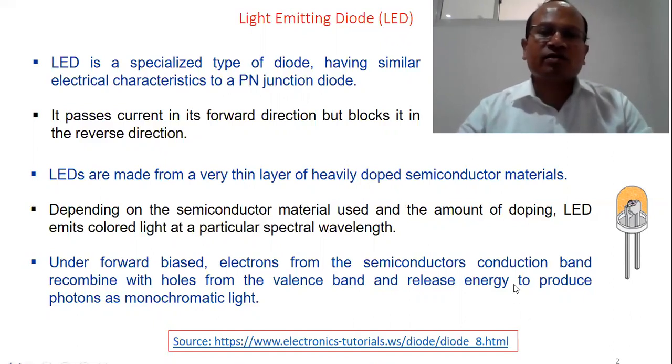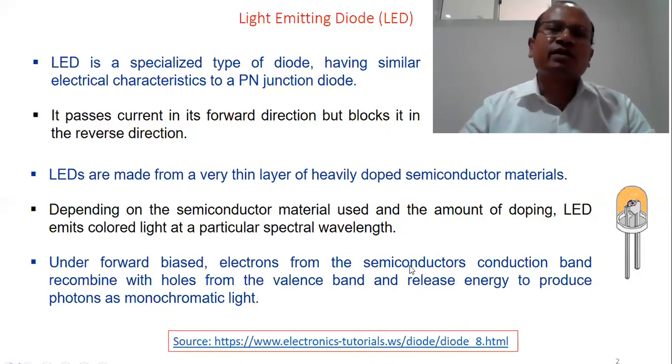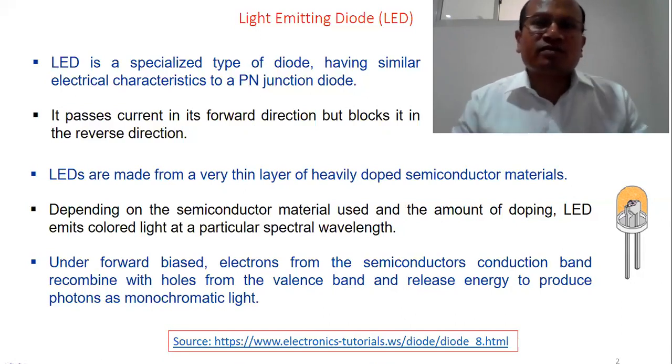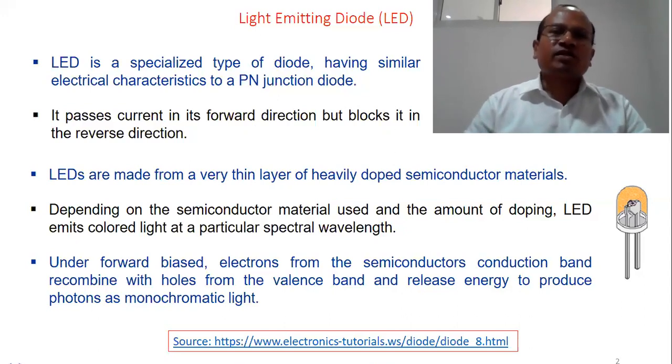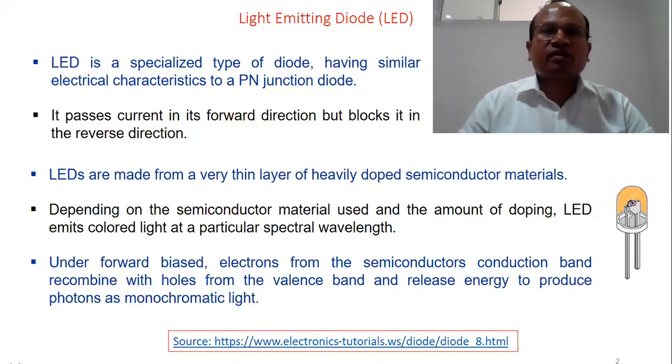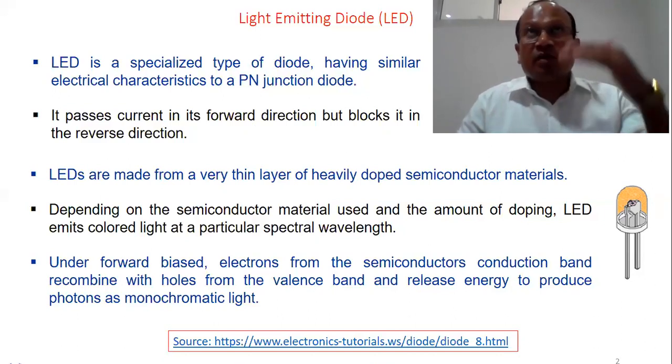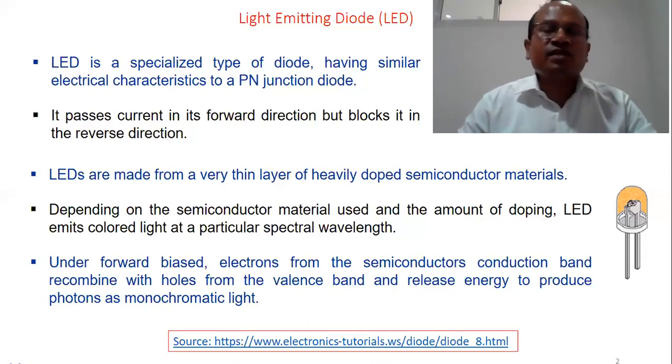Under forward bias, electrons from the semiconductor conduction band recombine with the holes from the valence band and release some energy to produce photons as monochromatic light. When they recombine with holes of the valence band, electrons come from a higher energy level to a low energy level.